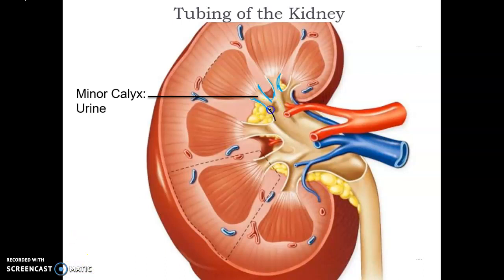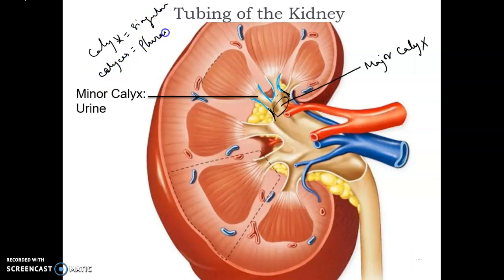Do you see how the minor calyces are coming together to form this expanded area? That area is the major calyx. So the blue areas are minor calyx. Where the minor calyces come together, we call it the major calyx. By the way, class, when we say calyx, that's singular. When we say calyces, that's plural.